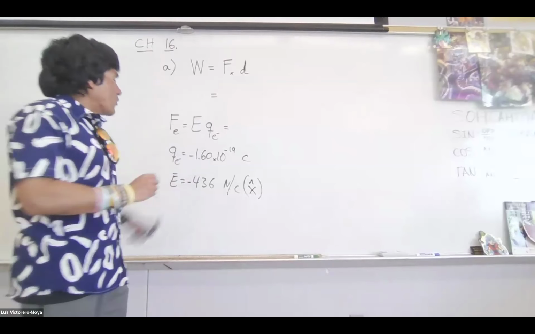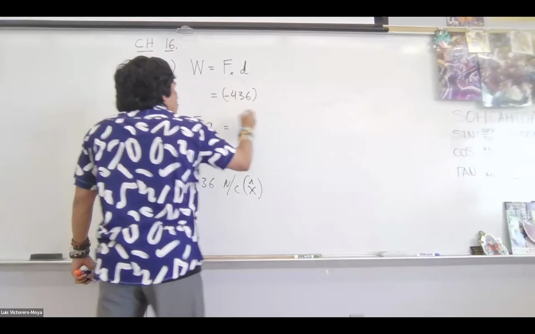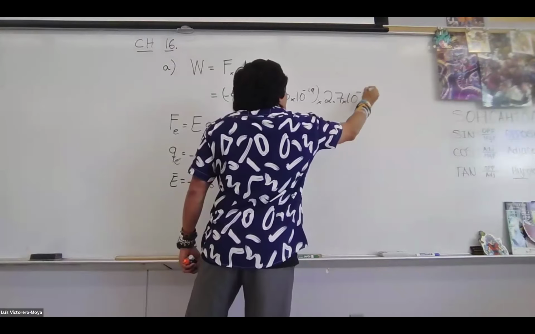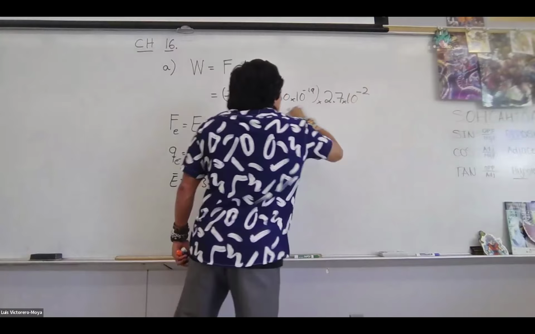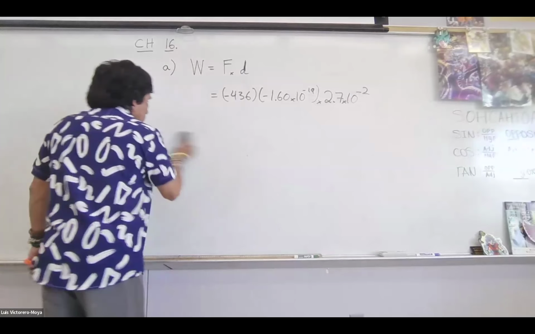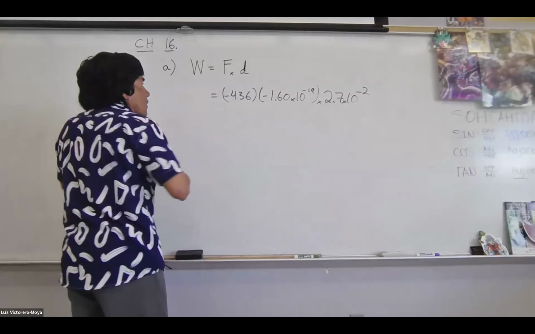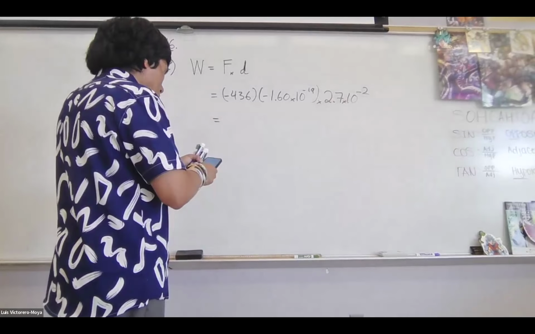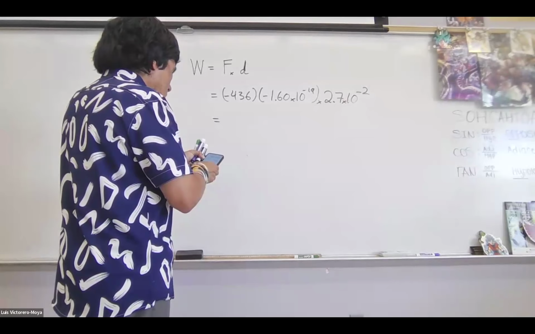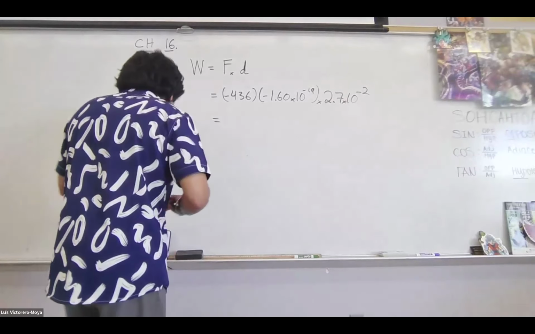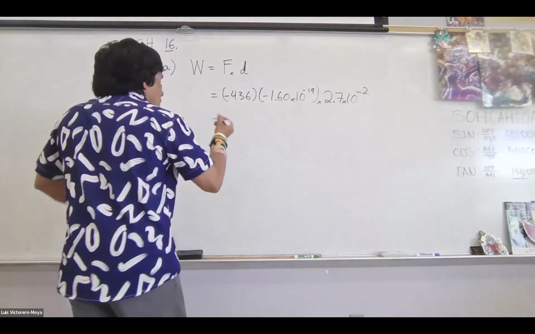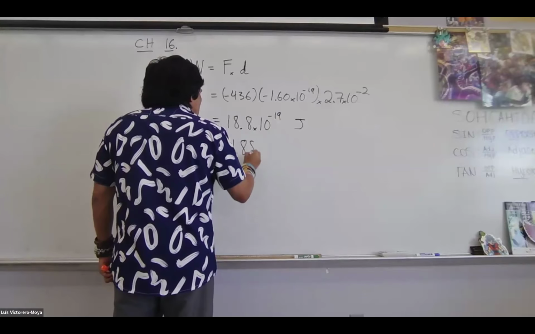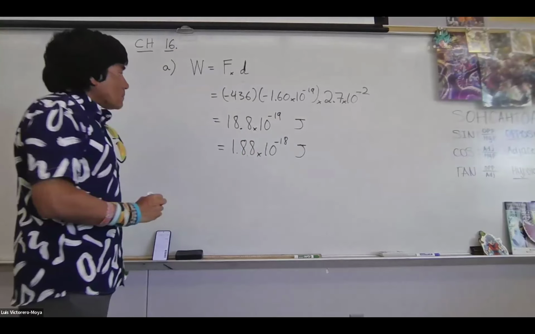Then the electric force times the distance, times 2.7, times 10 to the negative something, gives 1.88 times 10 to the negative 18. So that's the work.